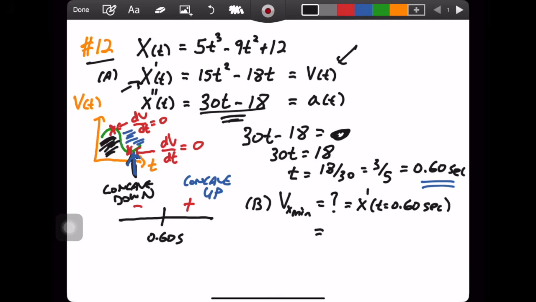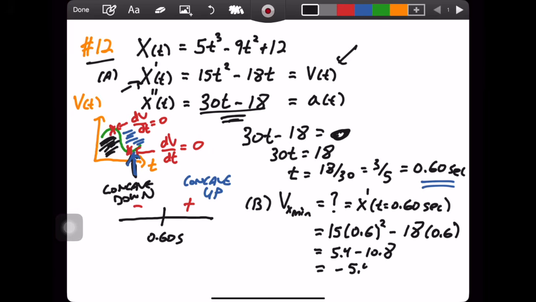And this equals 15 times 0.6 squared minus 18 times 0.6. 18 times 0.6 is approximately 10.8, so minus 10.8, which equals minus 5.4 meters per second.